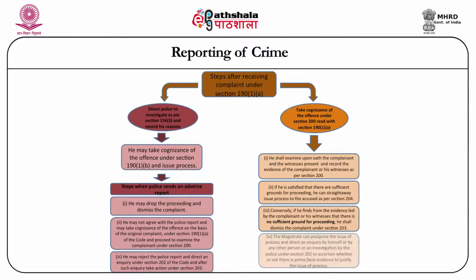And lastly, the magistrate can postpone the issue of process and direct an inquiry into the matter by himself or by any other person, or an investigation by the police under section 202 to ascertain whether or not there is sufficient ground or evidence to justify the issue of process.